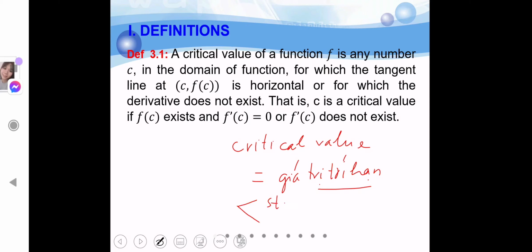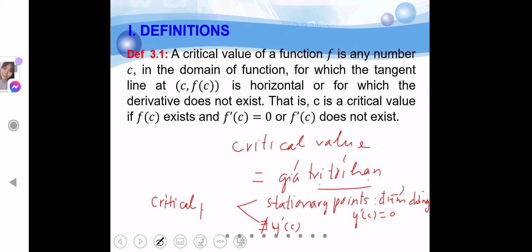Stationary point: that means a number c is a stationary point if y prime at c equals 0, and the other kind is where y prime at c does not exist. This is a critical value, or critical point.